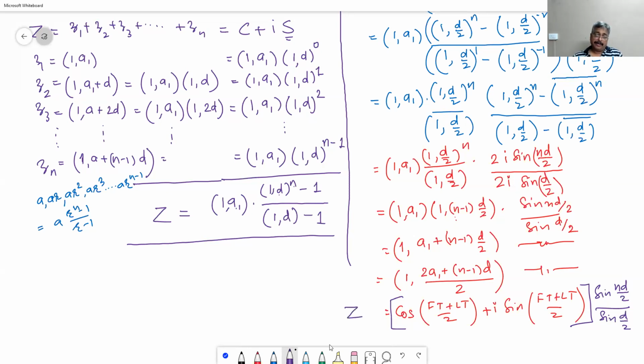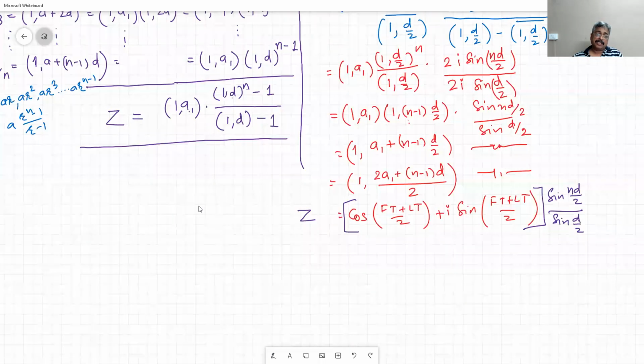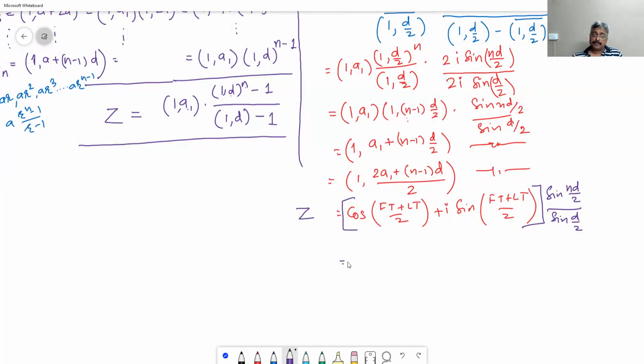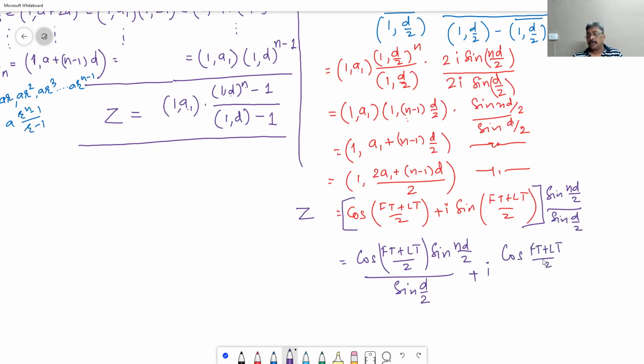Okay, this is our z, and therefore what is capital C? Cos of first term plus last term by 2 times sin nd by 2 upon sin d by 2, plus I times cos of first term plus last term by 2, sorry, it is sin, times sin nd by 2 divided by sin d by 2.